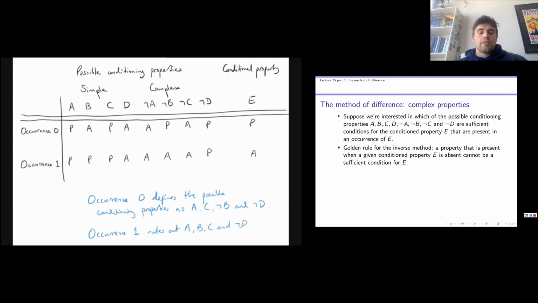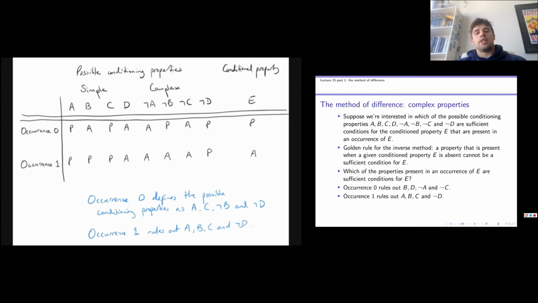So what do we conclude from the method of difference? Remember, we're interested in which of the properties present in a certain occurrence of E, in occurrence 0 here, are sufficient conditions for E. Occurrence 0 rules out B, D, not A, and not C as conditions of interest because they are absent in the occurrence of E that we care about. And then the inverse method applied to occurrence 1 rules out A, B, C, and not D as possible sufficient conditions.